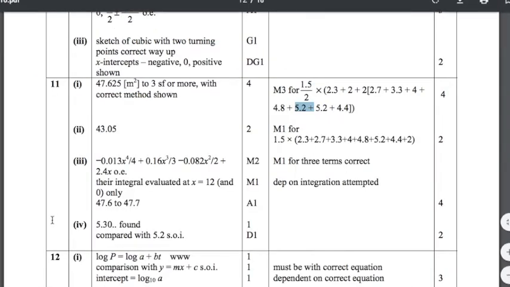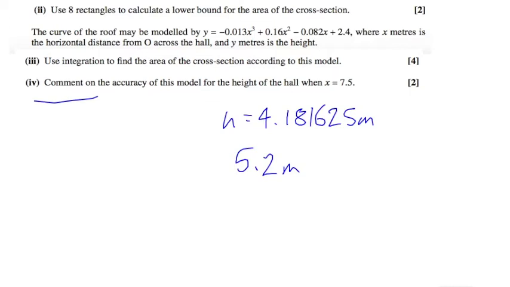What do they reckon? 5.30 found. Is that what we got? No. Having an absolute mare with a calculator after I've just tried to have a go at everyone for it. I've times by 7 squared instead of 7.5.